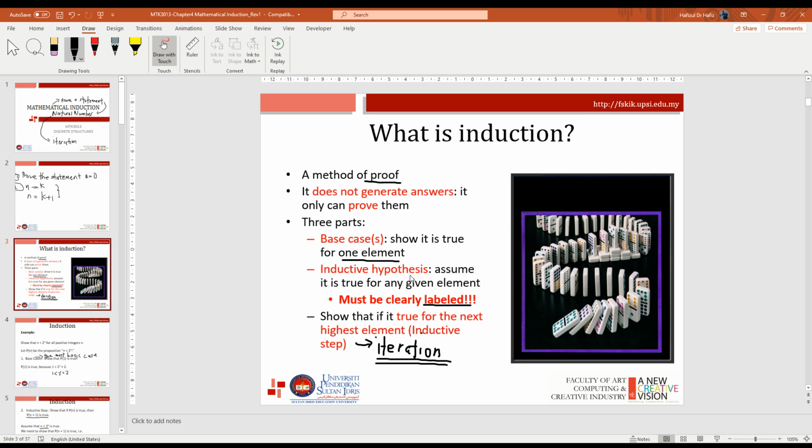And then the inductive hypothesis: assume that it is true for any given element. And then if it is true, the next highest element must have the inductive step for the iteration. For example, here is the domino effect.